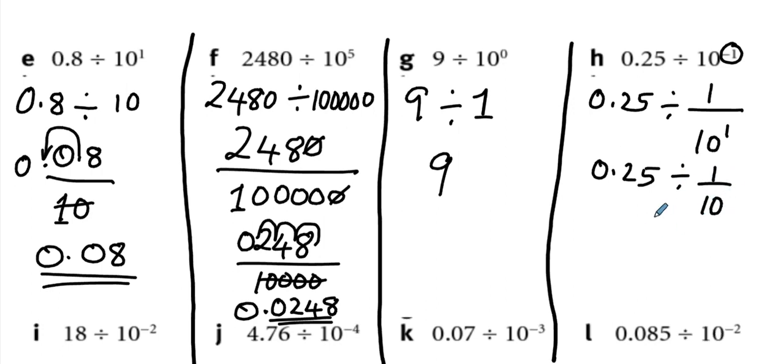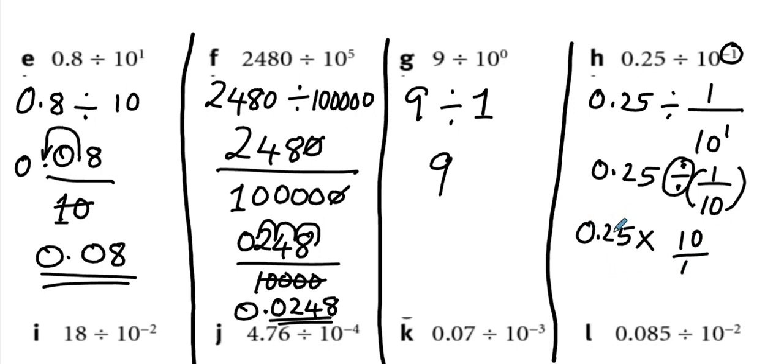Now to divide by a fraction, you take the reciprocal: 10 goes up, 1 goes down, and the sign changes into multiplication. So this will be 0.25 times 10 over 1.